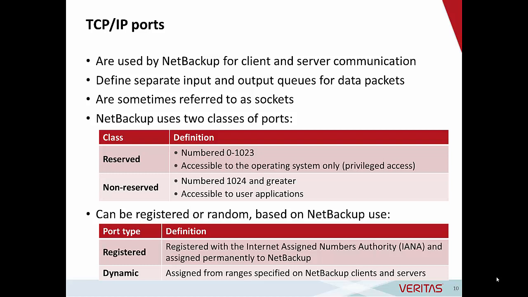NetBackup has been moving away from the use of registered ports, so older NetBackup daemons and services will still have well-known ports assigned to them. However, all of the newer processes and services, anything that's been added to the product after NetBackup version 6, will usually communicate via PBX.